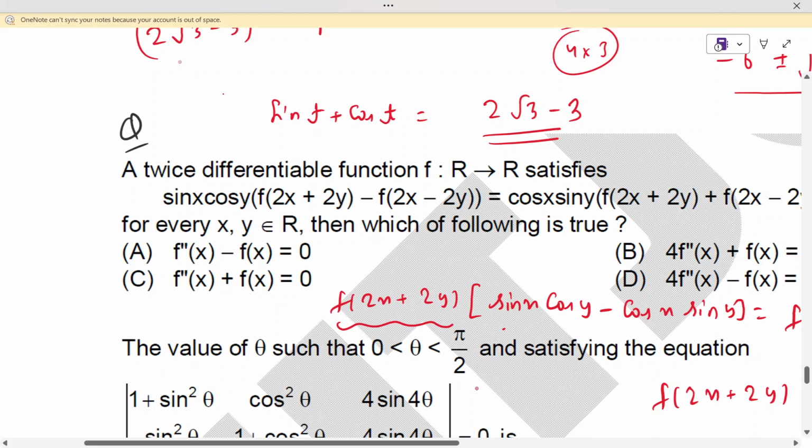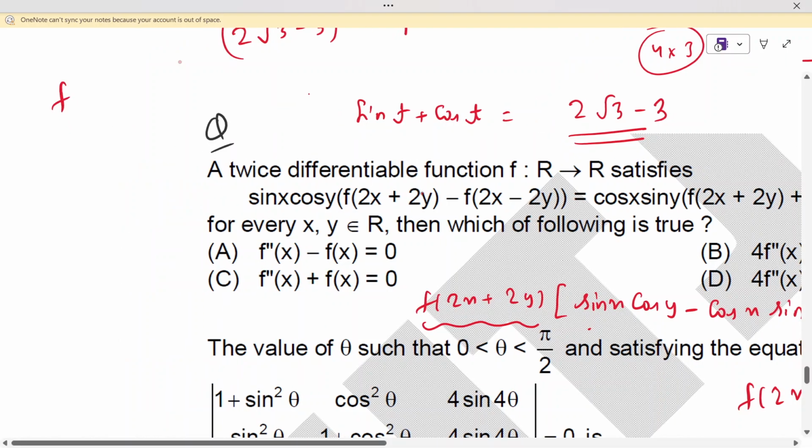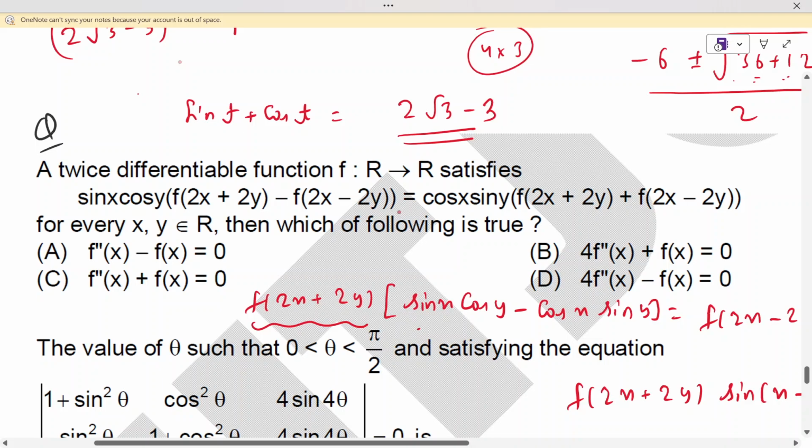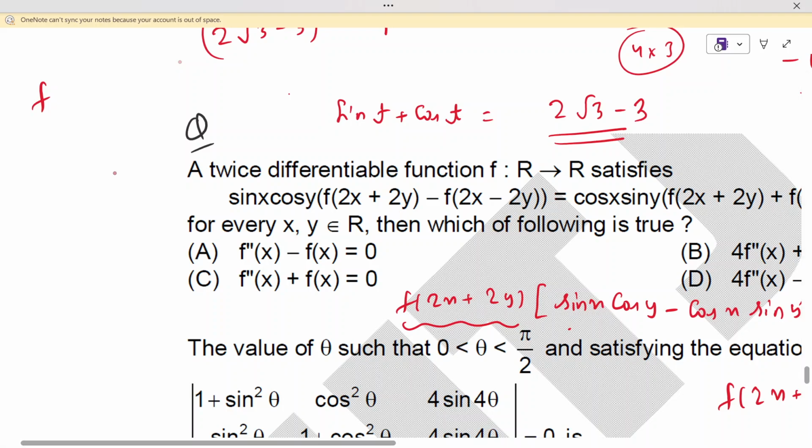So we obtain the function after that. Is there any condition mentioned? Nothing is mentioned. f(x) is now k sin(x by 2).